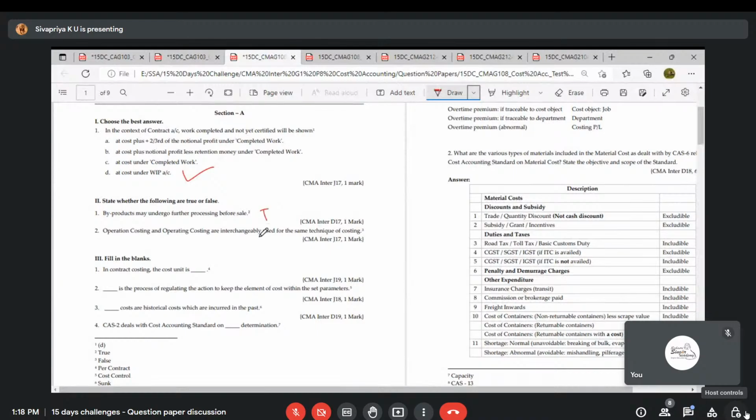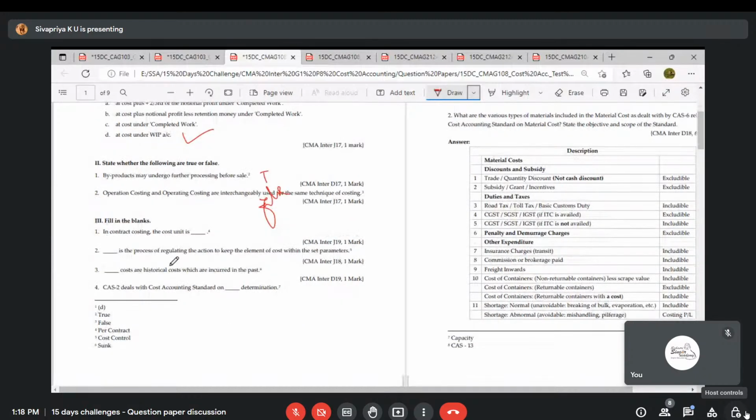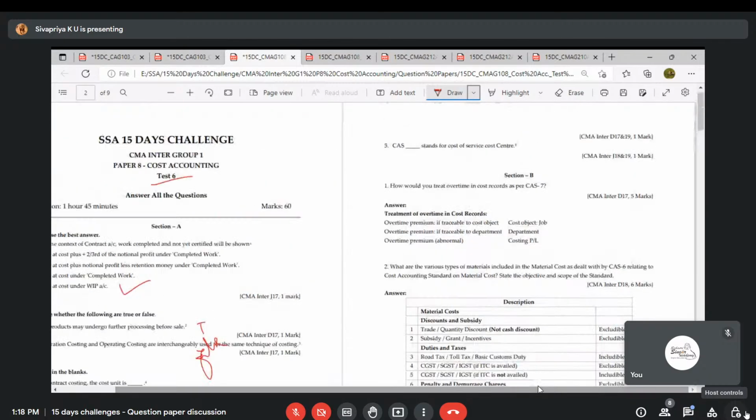This is false. Number 1, it is per contract. Number 2, cost control, and this is sunk cost. Capacity determination, this is capacity. This is number 30.